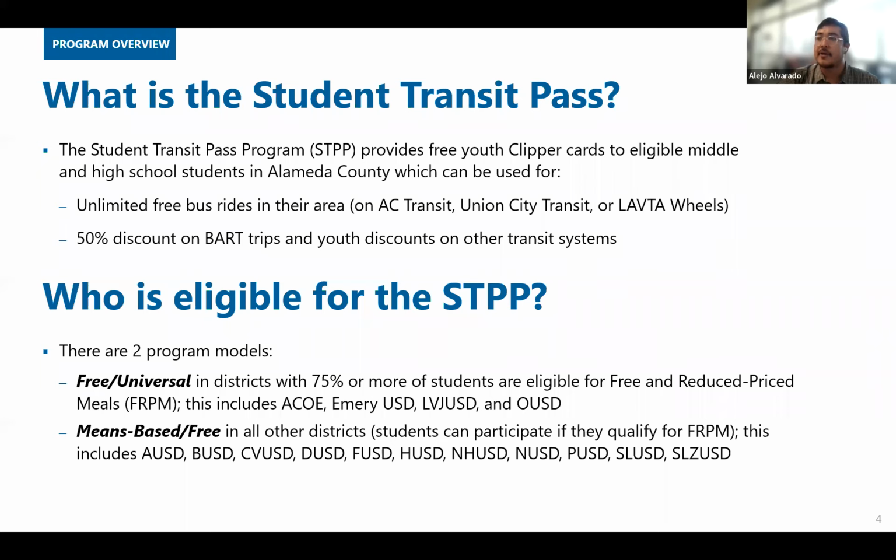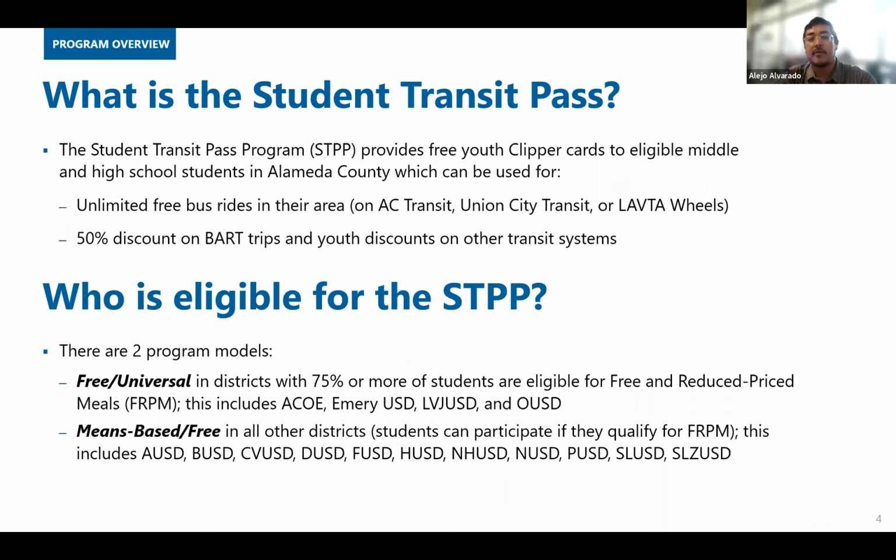And if you're in Oakland or Hayward, you can use it for AC Transit. If you're a part of NHUSD, you can use AC Transit and Union City Transit. That should be in the site admin guide, on which ones the passes can be used for. And the passes also give students 50% off of all BART trips, which is another great benefit.